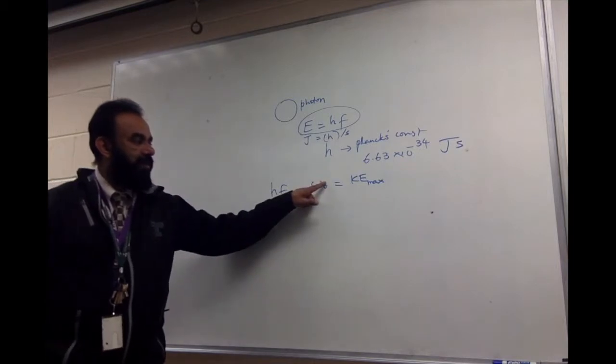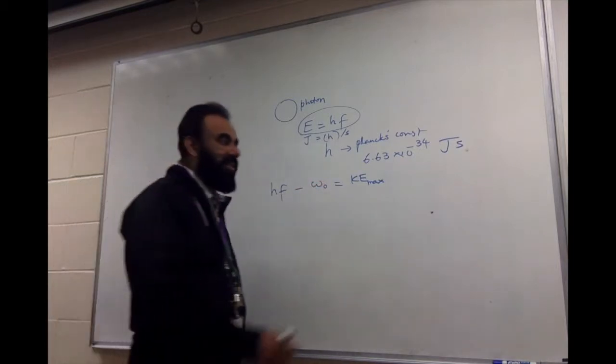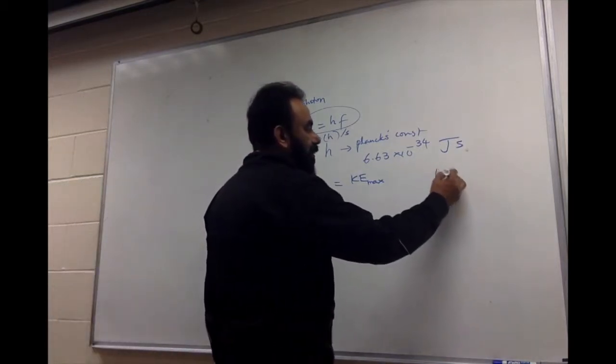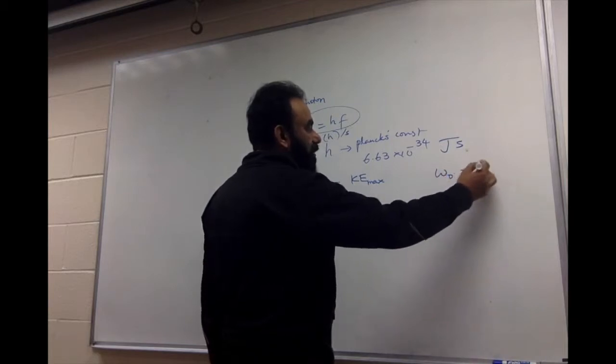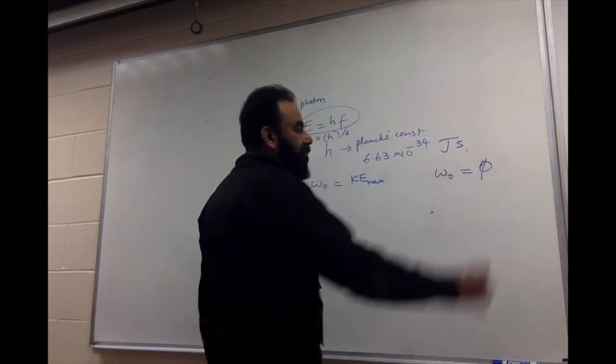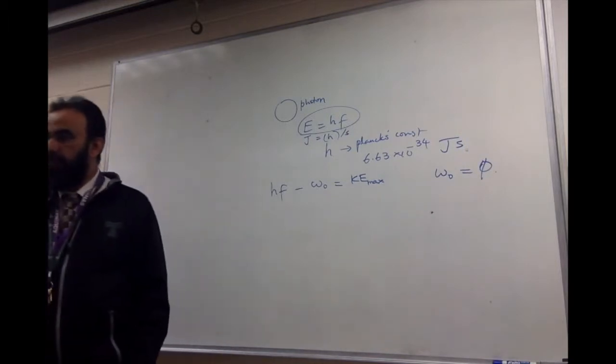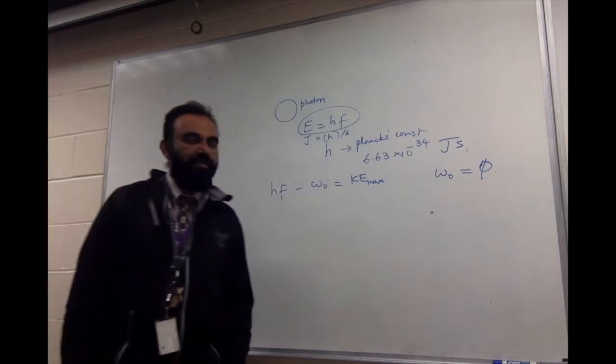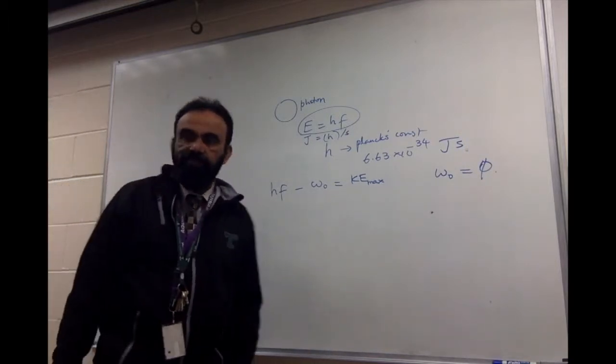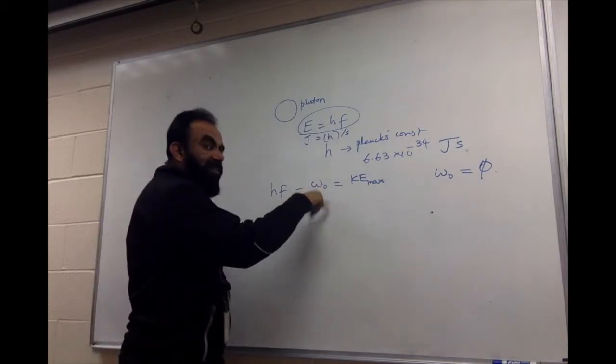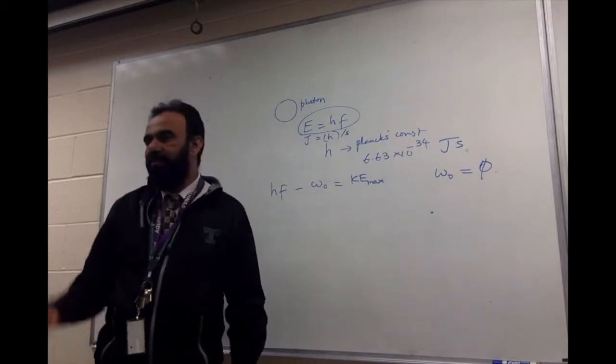Work function, this book writes it as W naught, but some books also write it as phi. I think your formula sheet for the AP tests will say phi. So if you see hf minus phi is equal to kinetic energy maximum, understand that.